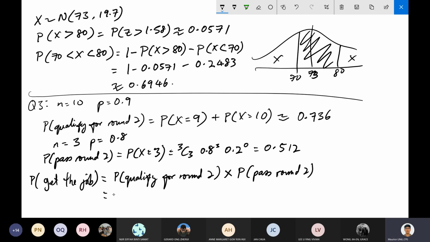So you just multiply both. 0.736 times 0.512, you get about 0.377.